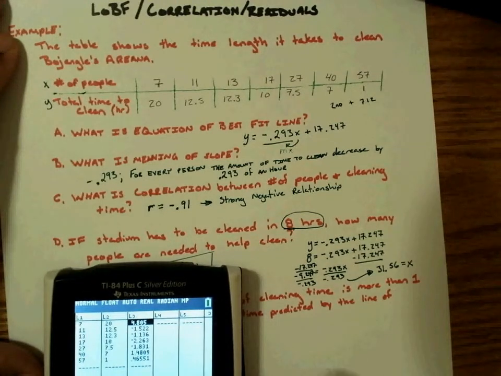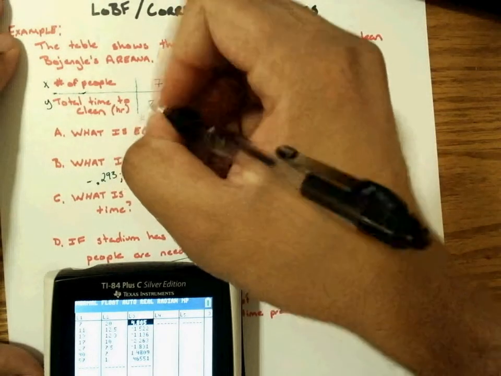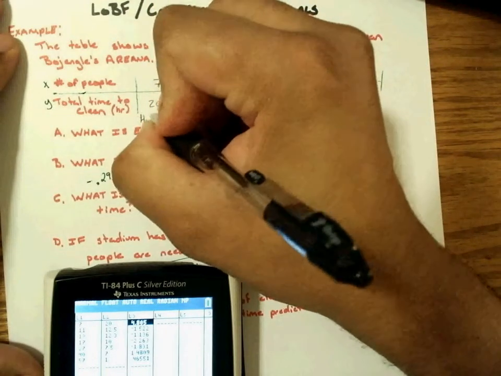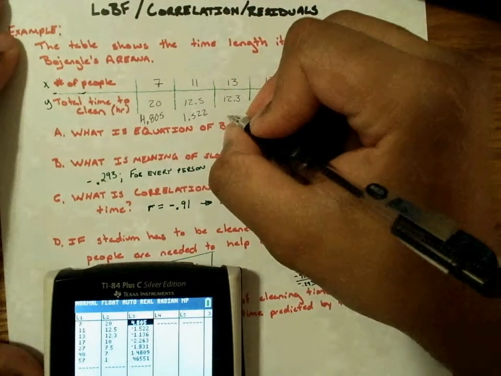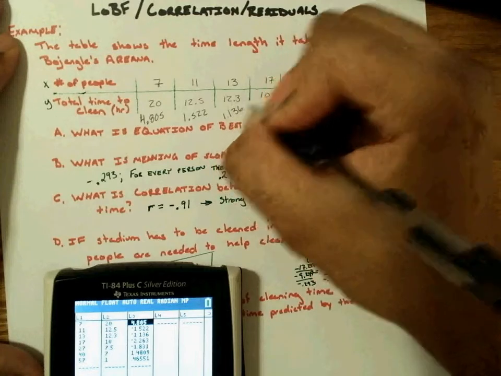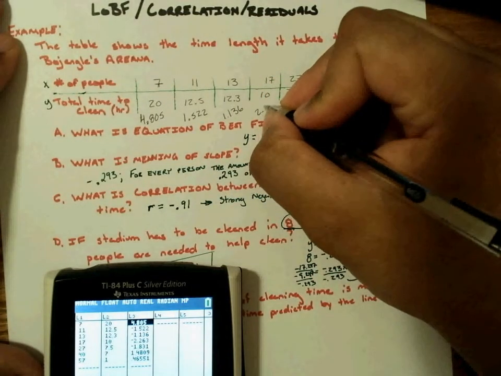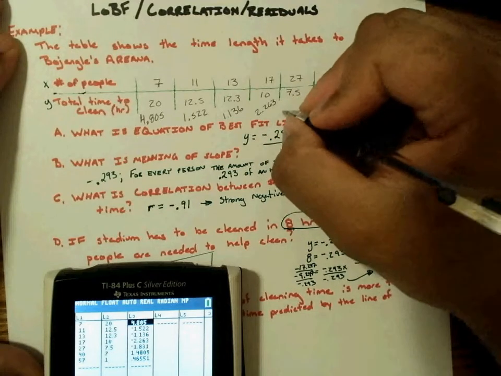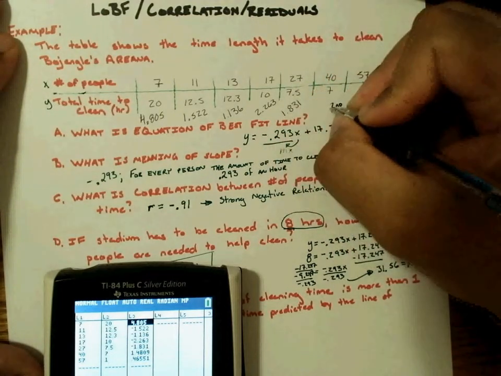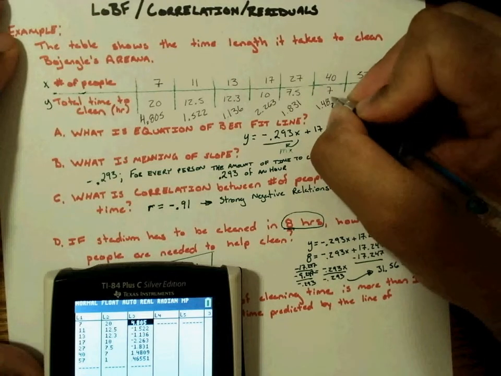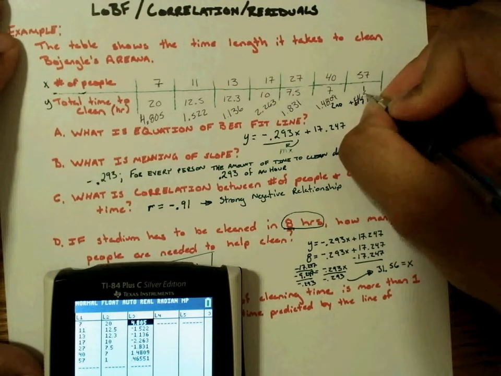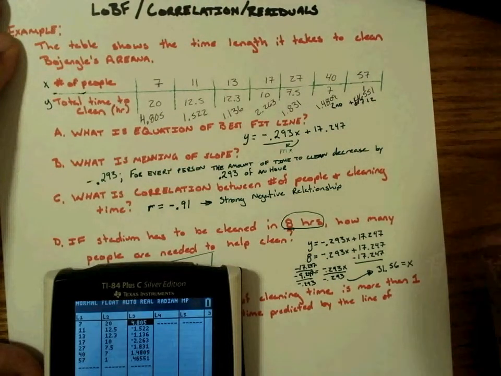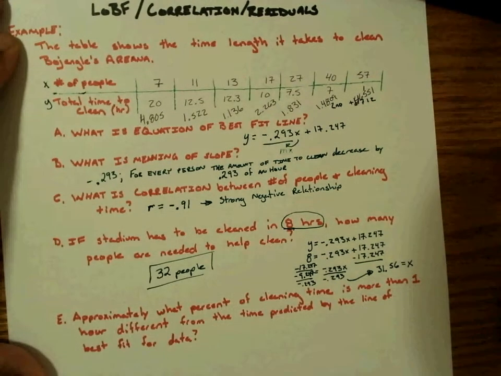So for the first one, we have 4.805, and then we have 1.522, and then we have 1.136, and then we have 2.263, and then we have 1.831, and then we have 1.4809, and then we have 0.46551.